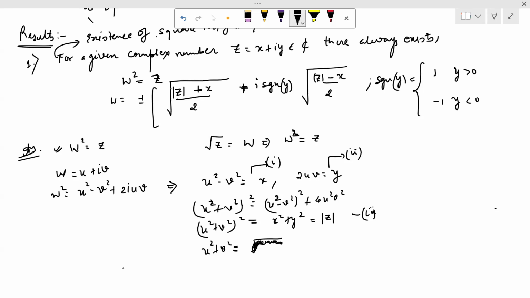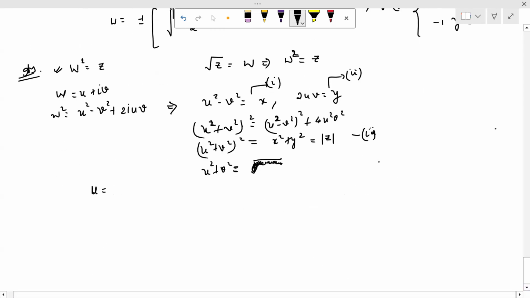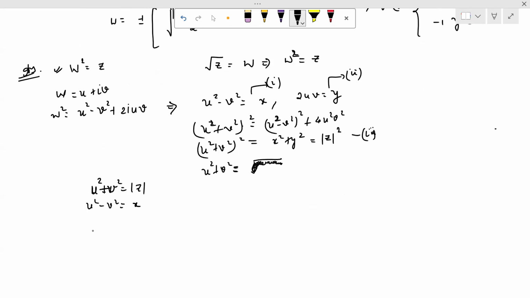Sorry, this is mod z whole square. So u square plus v square is equal to mod z, and u square minus v square is equal to x. From here you can write that u square is mod z plus x upon 2, and u is plus minus root over modulus of z plus x upon 2.